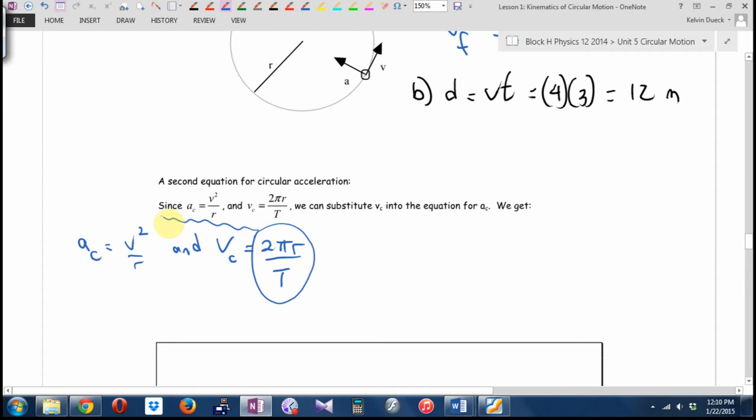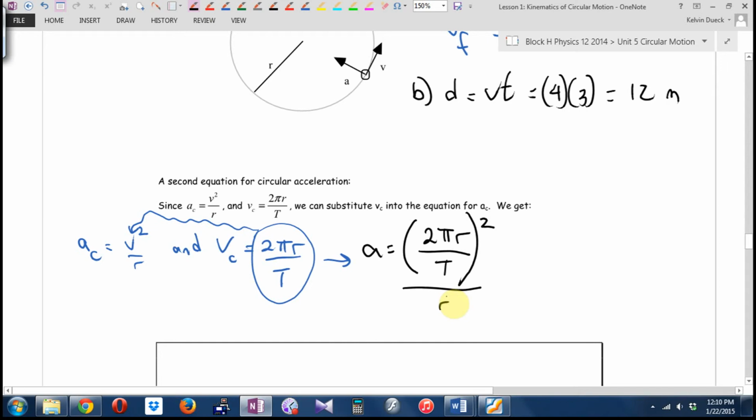How about I stick the 2 pi R over the period in for that V squared? This is going to give me a new equation for A. It's going to look like this: A equals bracket 2 pi R over T, all squared over R.